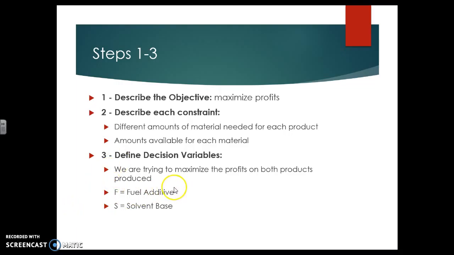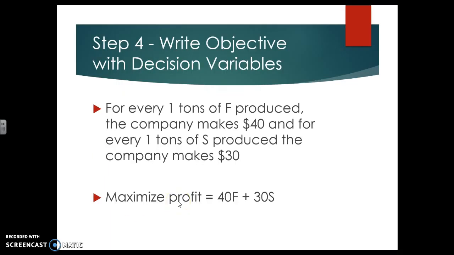And our decision variables are going to be how much fuel do we make and how much solvent do we make. So I'm just going to name those F and S. You could name them A and B. You could name them X1, X2. Doesn't matter, but for ease, I'm just going to say fuel, F, solvent, S. So to make the first equation, I'm going to look back at how much profit I'm making for each.